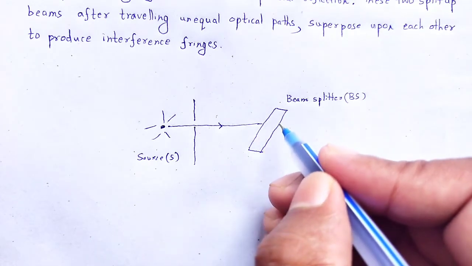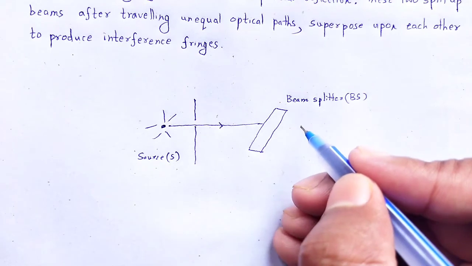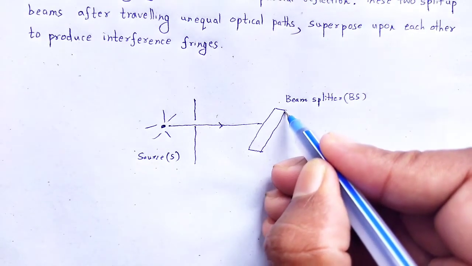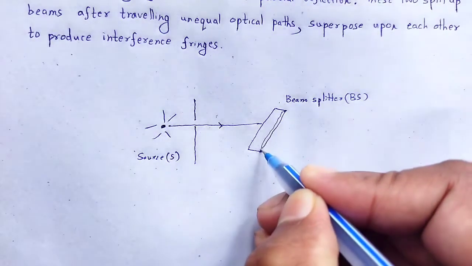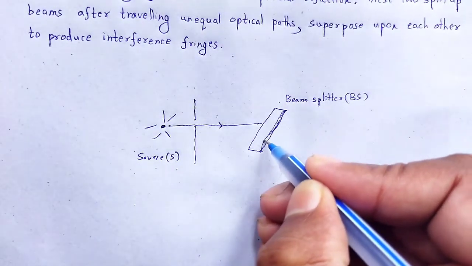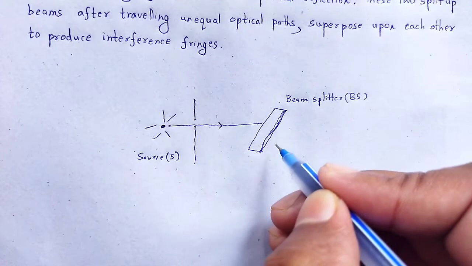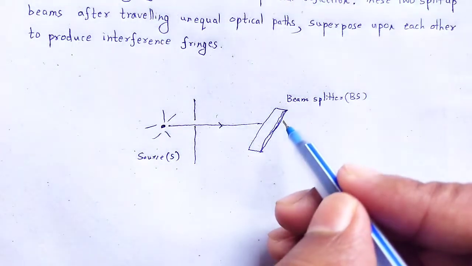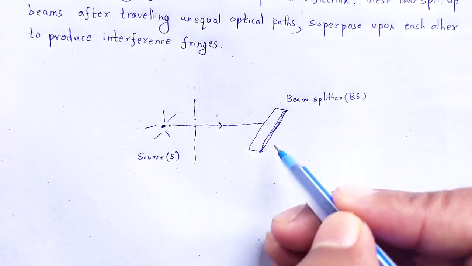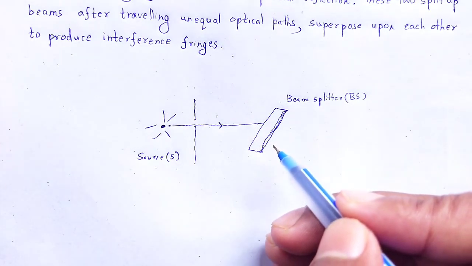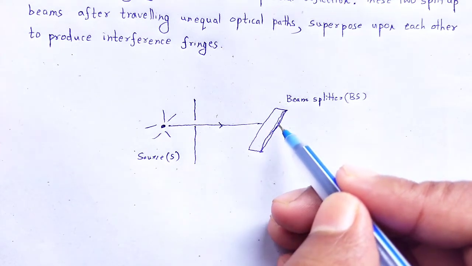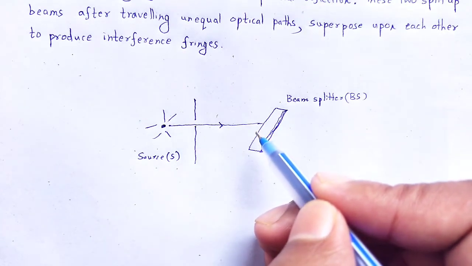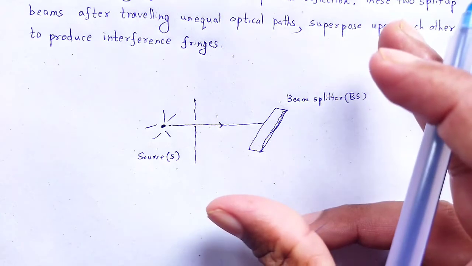A beam splitter is a partially silvered glass plate, and it has a silver coating just thick enough to split the light coming from source S into two halves.